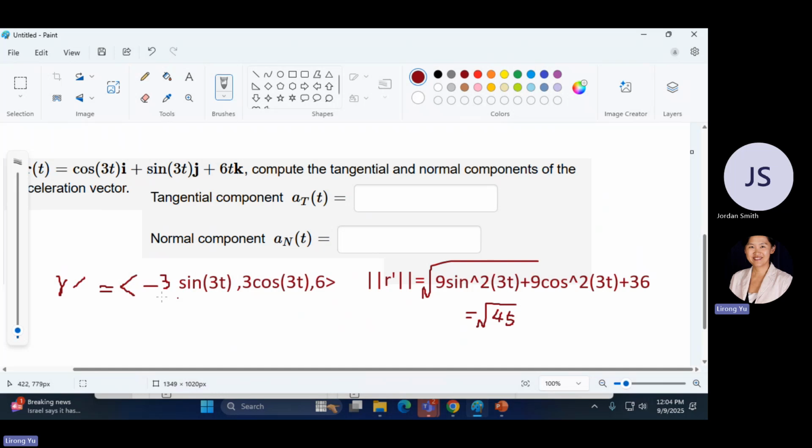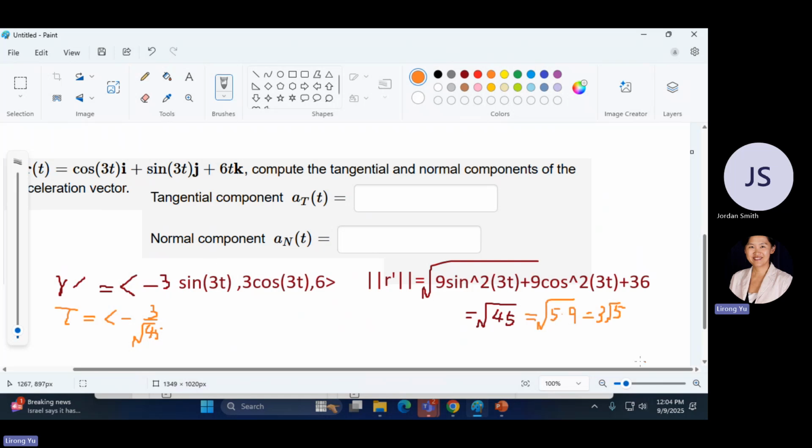So then the tangent vector T equals -3 over root of 45. Maybe we can simplify this. Root of 45 is root of 5 times 9, which equals 3 root of 5.